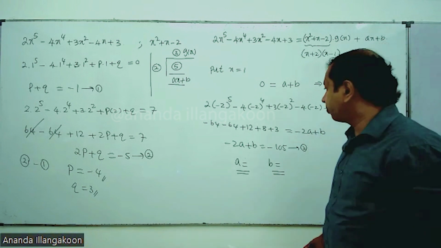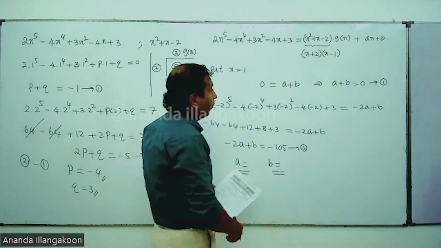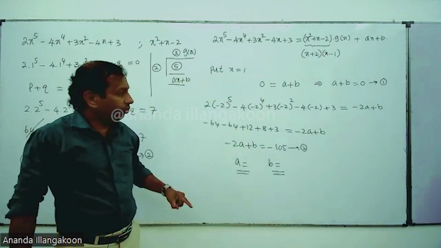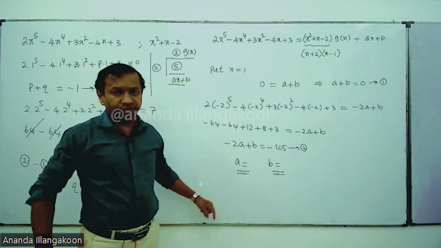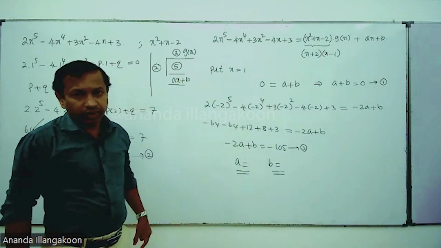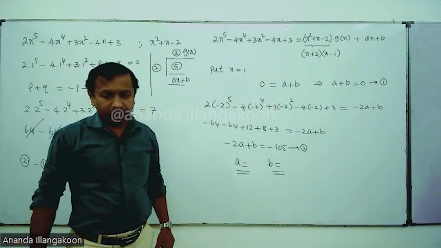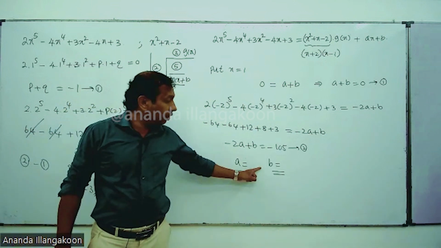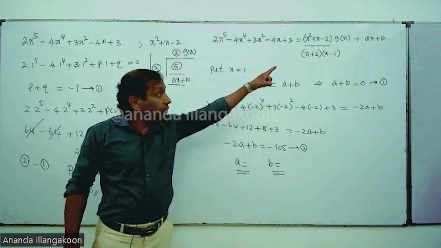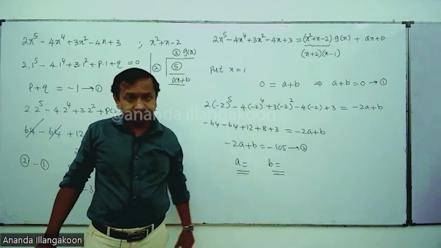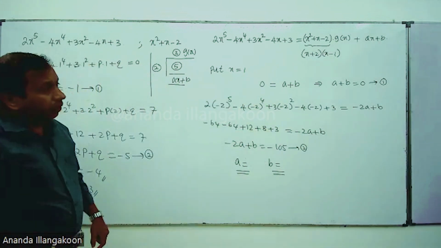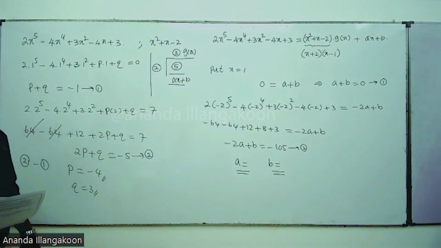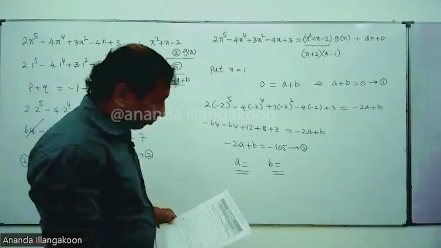So I am not going to show you how to solve equation number 1 and number 2 for a and b. I think you can do that. Put those a and b values in the ax plus b there. Right? And then we get the remainder. That's how we take the answer. Right? We'll come to part C.